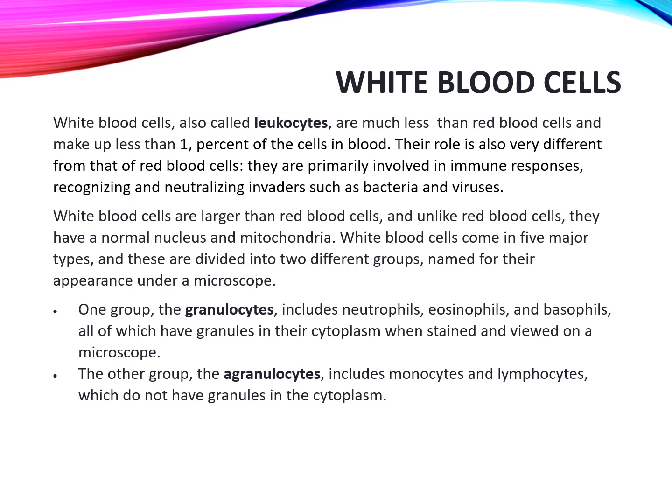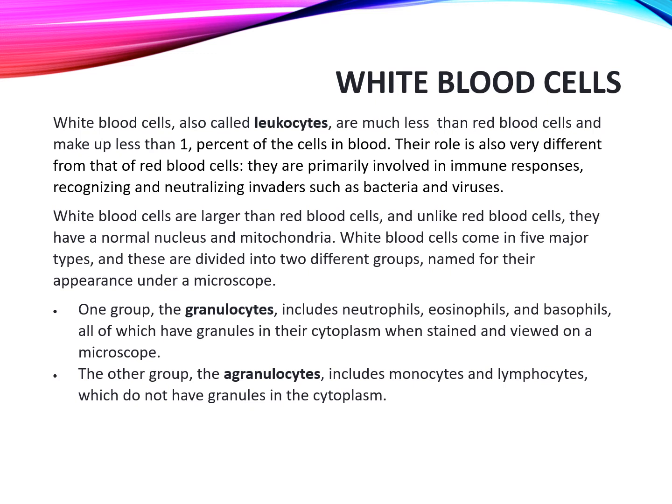White blood cells are larger than the RBC. They have a normal nucleus and mitochondria, and they are of 5 types. Those 5 types are categorized into 2 categories.